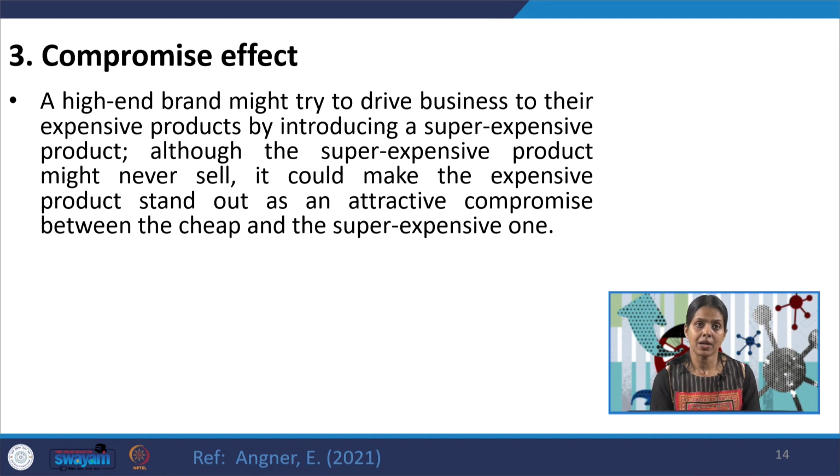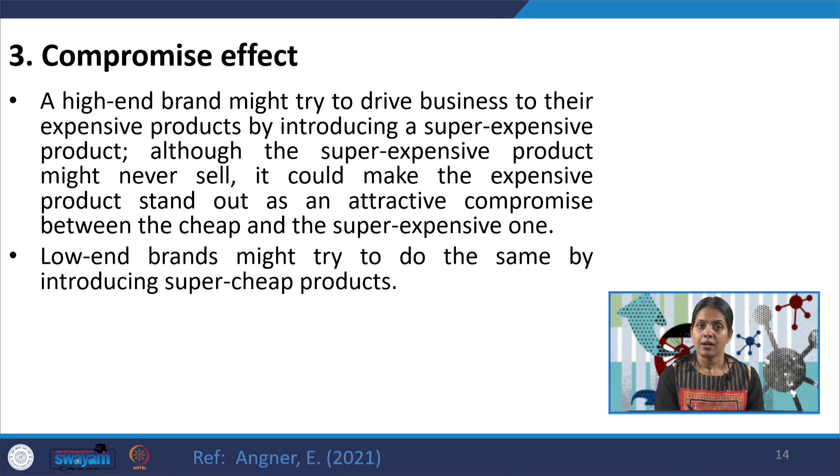A high-end brand might try to drive business to their expensive products by introducing a super expensive product. Although the super expensive product might never sell, it could make the expensive product stand out as an attractive compromise between the cheap and the super expensive one. Low-end brands might try to do the same by introducing super cheap products.